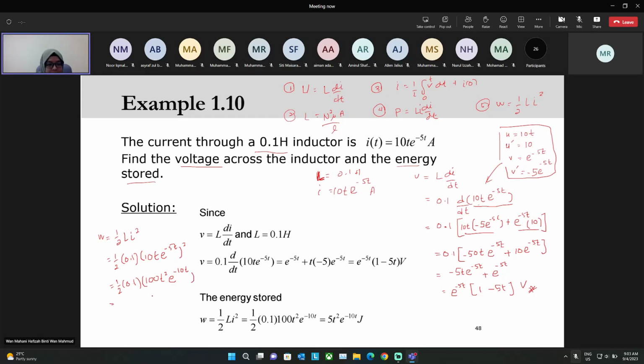Okay, and then you simplify. 100 times 0.1 is 10. 10 divided by 2 is 5. 5t squared exponential negative 10t joule.